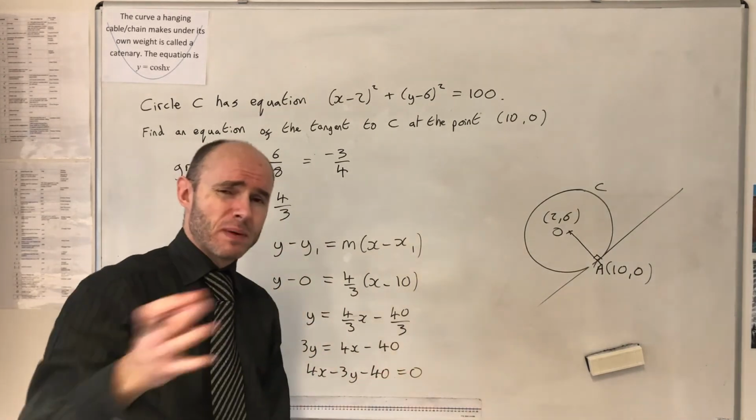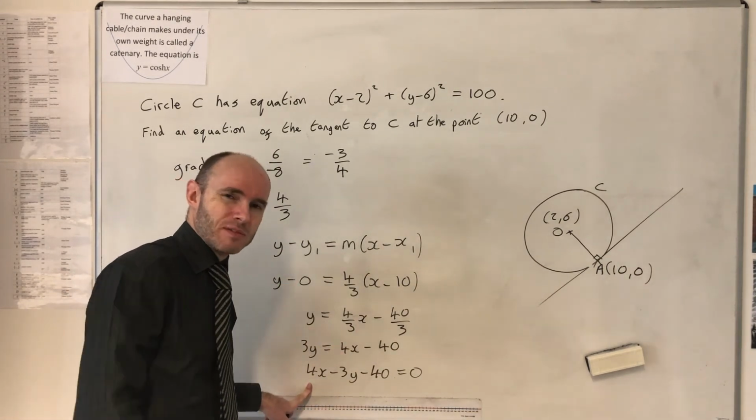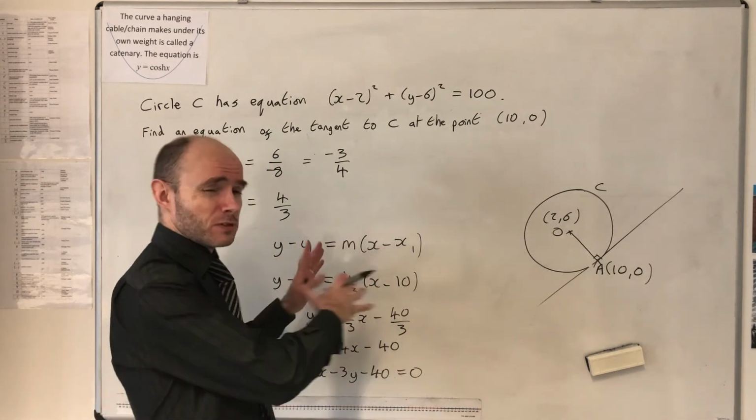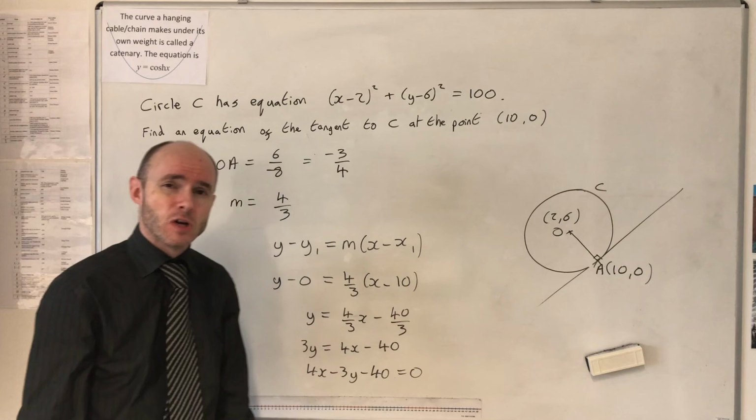If you go back and replay the video, I'm sure you'll find that was the equation we had in the previous question. So a completely different strategy, notice, for a slightly reworded version of that question.